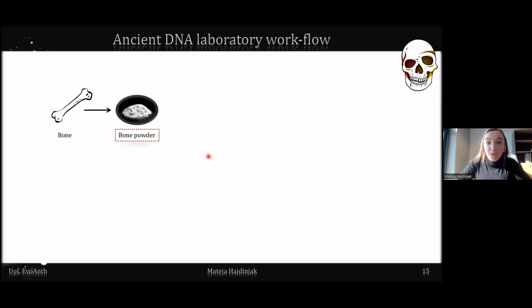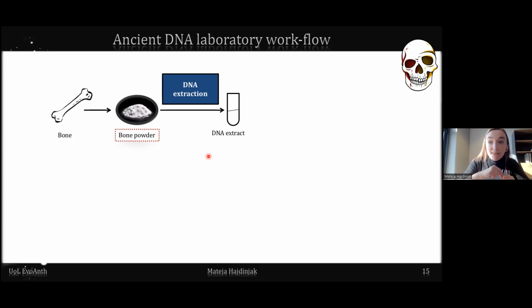But in cases where we do have bones or teeth, what we first do, we drill small amounts of powder from which we then extract DNA using different enzymes and buffers to actually release the DNA from the powder and digest the actual bone or tooth powder.